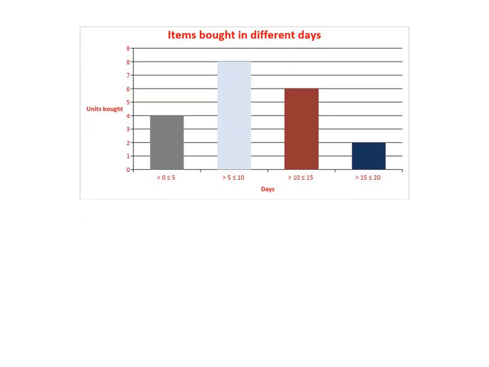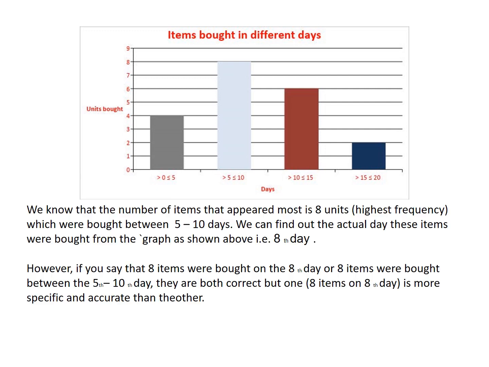And here again, items bought on different days. We can see the table here demonstrates that this one here, number 1, has the highest frequency. So again, we know the number of items that appeared most is 8 units, the highest frequency, which were bought between 5 to 10 days.